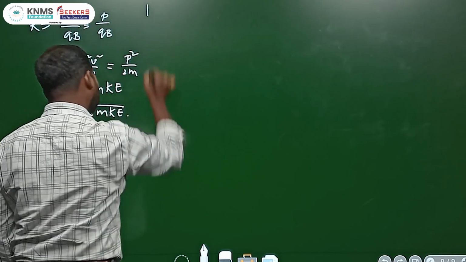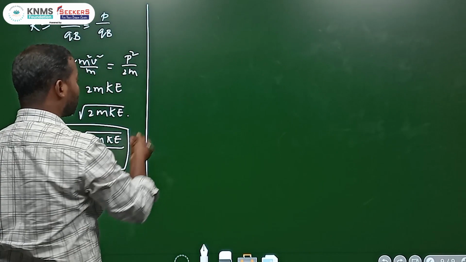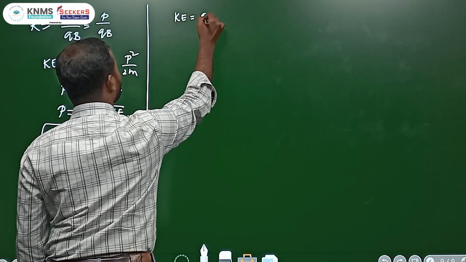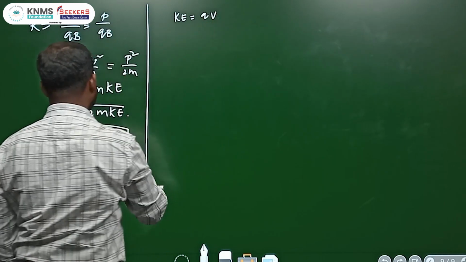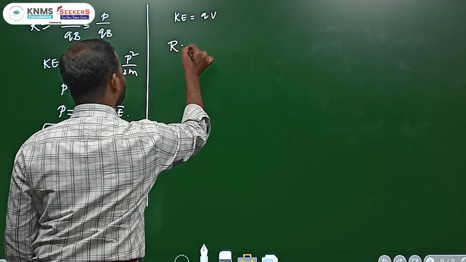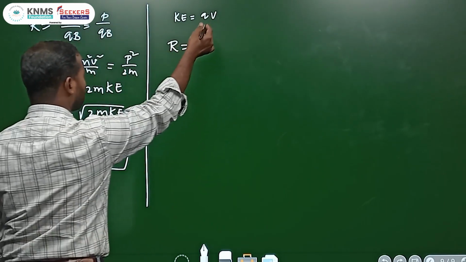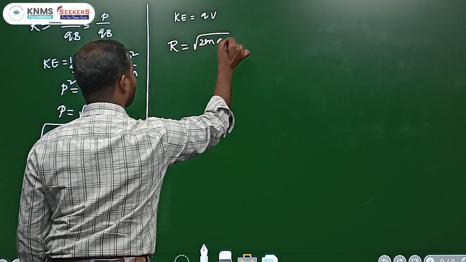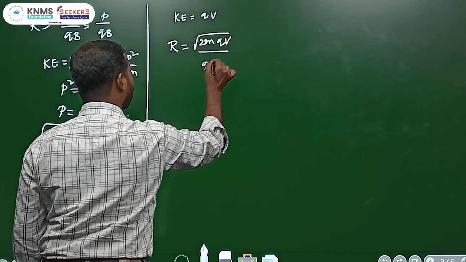If the charged particle is accelerated through a potential V, then the kinetic energy will be equal to qV. I can substitute qV for Ke, so that is root 2m qV upon qB.